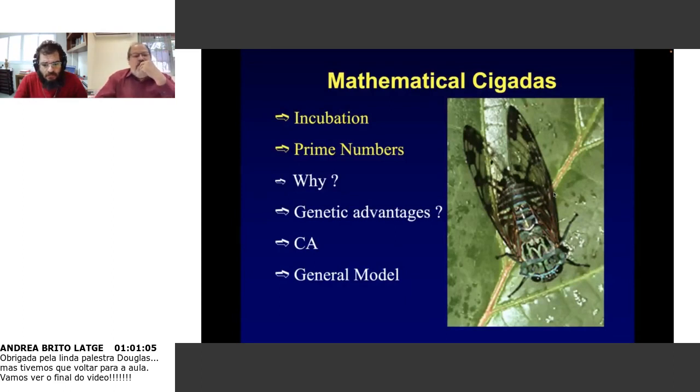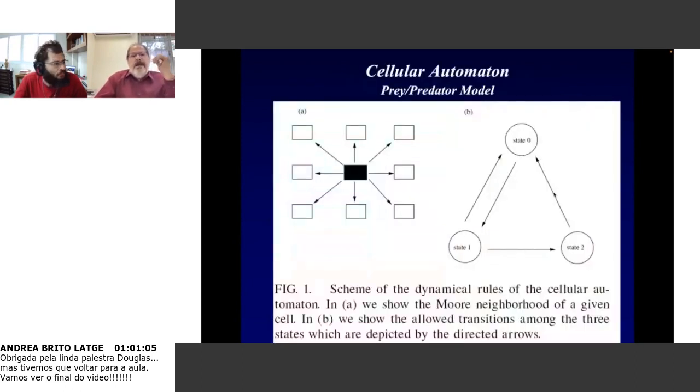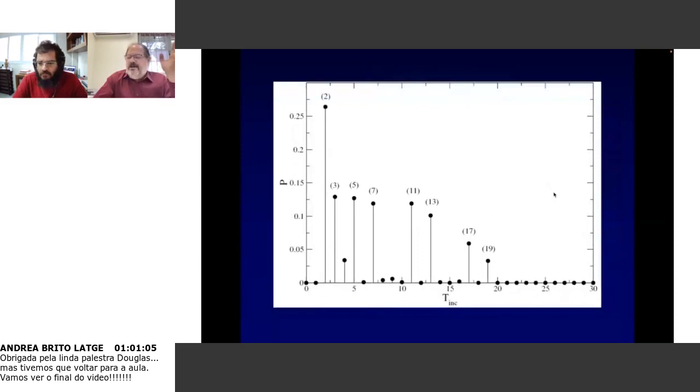So what we did, we used cellular automata to simulate a general model. Okay, we create a prey and we create a predator for them, and you let the data evolve in time and incubate any number of years randomly, whatever the system produces.